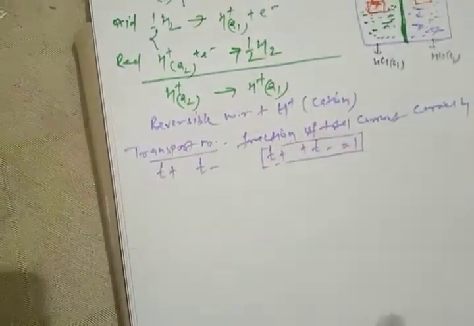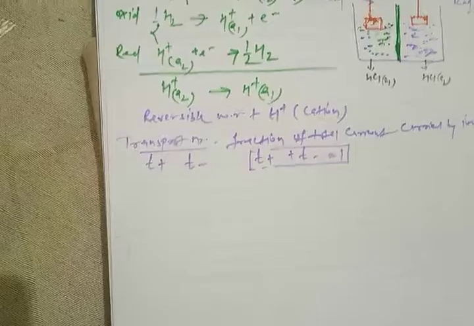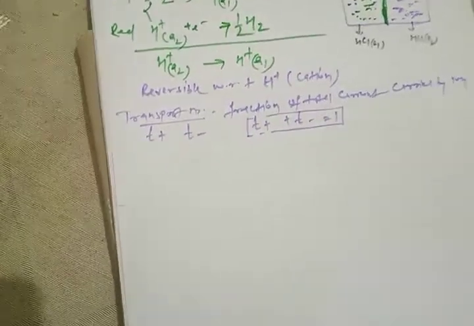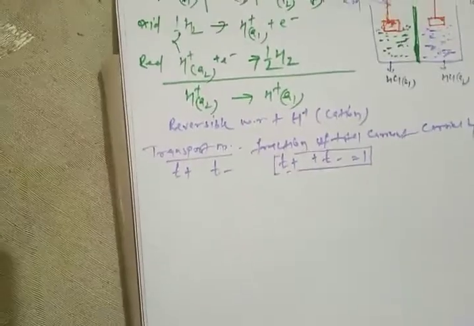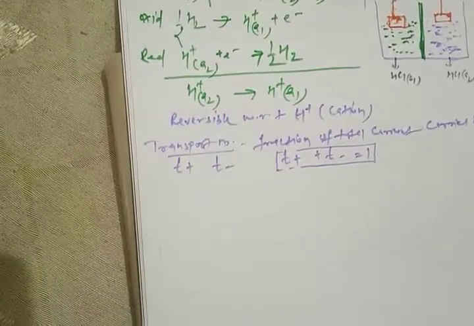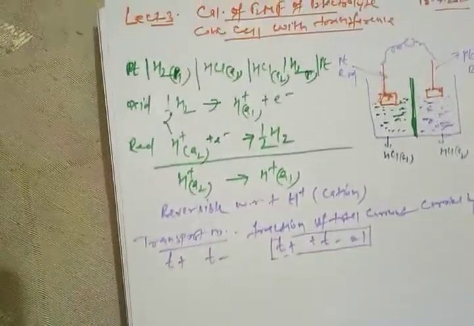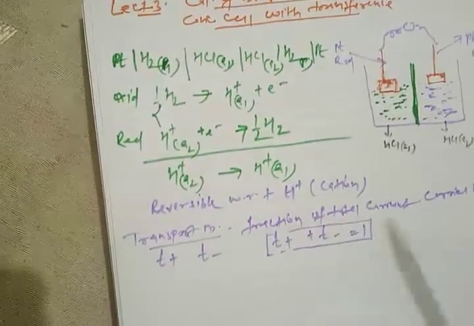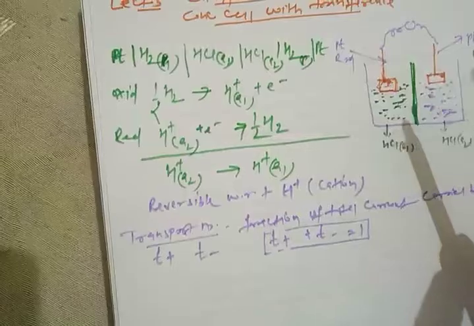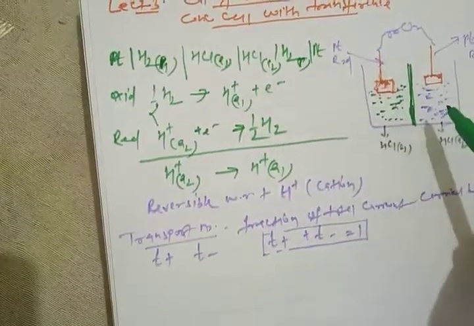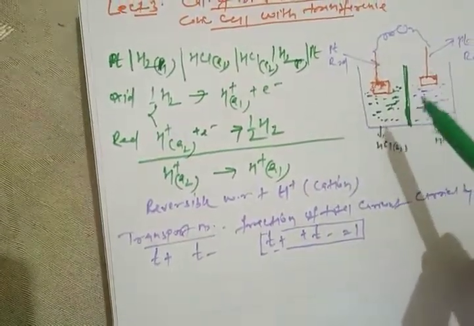There is a detailed discussion of transport number, but not in this lecture, so I'm just giving a brief idea of what the transport number is. As we know, the electron always carries a charge. So if any ion is moving from this side to this side, it always carries a charge. What number of that charge?